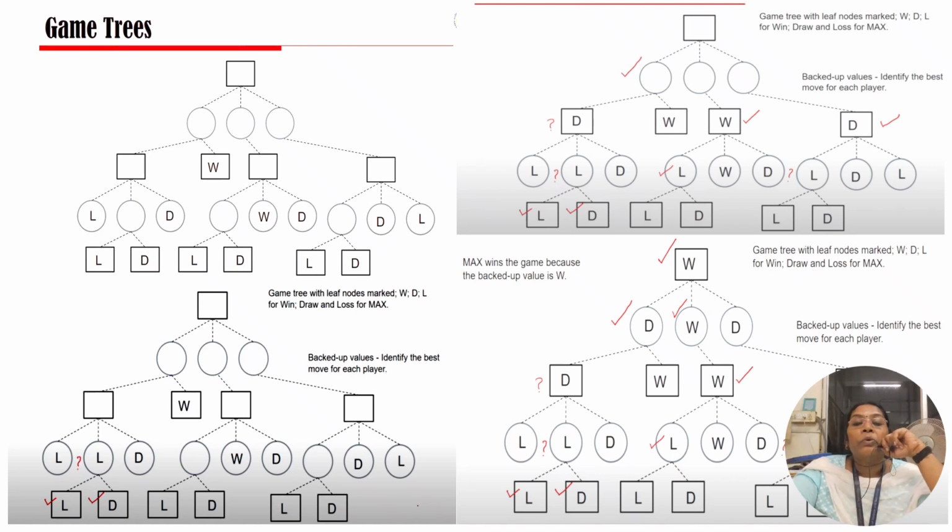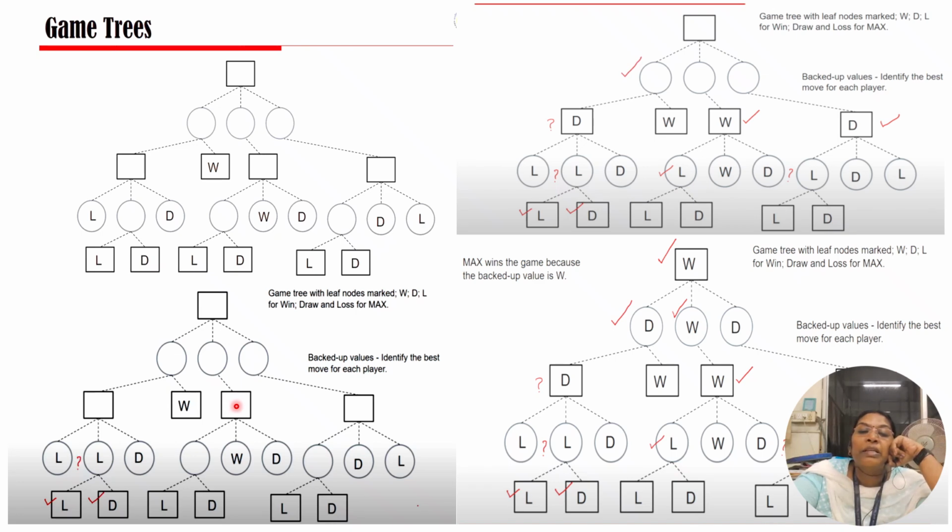This L and D has to give a value over here. Out of this L and D, the maximizer has to give a minimized value. Out of L and D, L is the minimized value, so L goes over here. Then L, W, D is the minimizer value, where out of this the maximizer has to choose the maximum, so W would be chosen here.